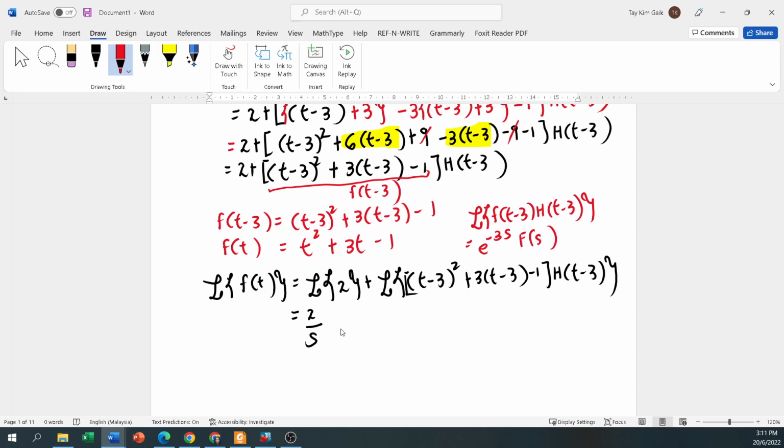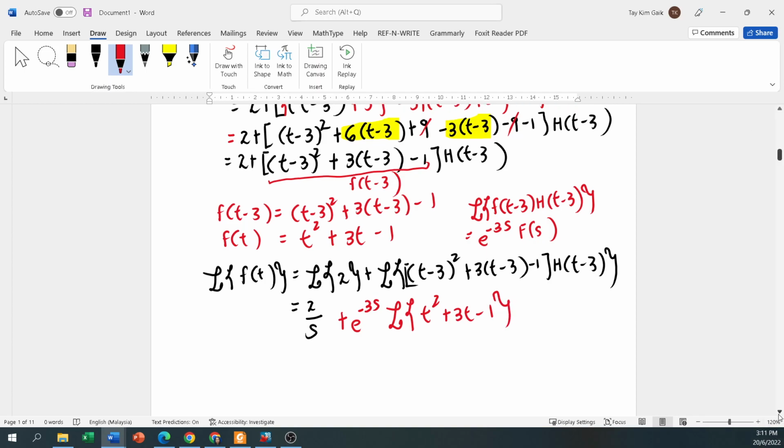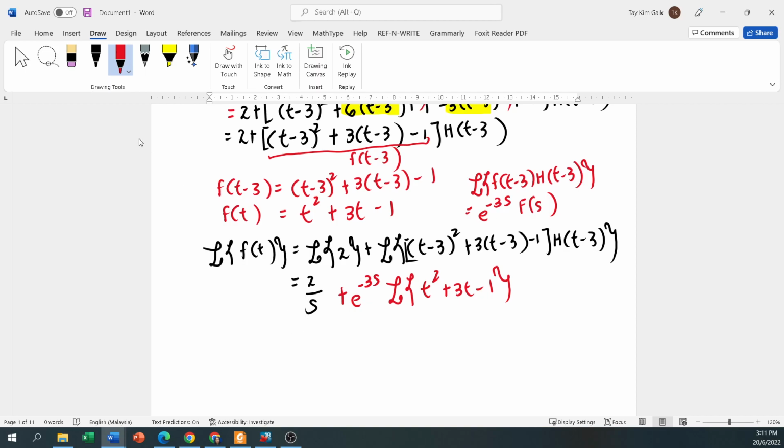So here we should have the term exponent negative 3s. Okay, F(s) is actually the Laplace transform for f(t), where the f(t) in this case is t squared, meaning t minus 3 replaced back by t, so t squared plus 3t minus 1. Okay, then we get 2 over s plus exponent negative 3s.